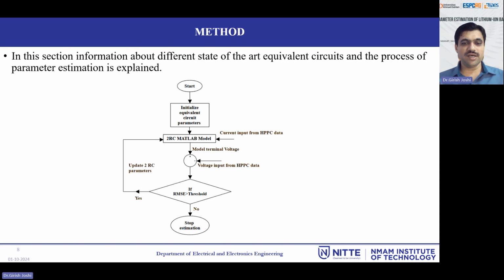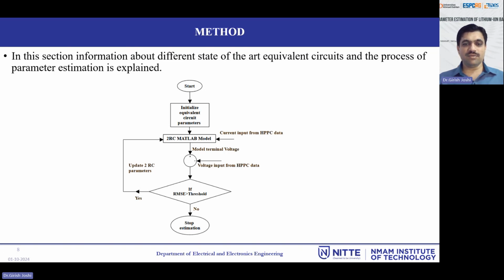This terminal voltage generated from the model is compared with the voltage input from the HPPC data. HPPC data also has the terminal voltage. It is not expected that in the initial trial these two will match, because the initialized values of the equivalent circuit parameters are not the actual parameters.